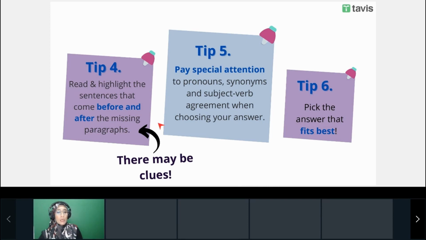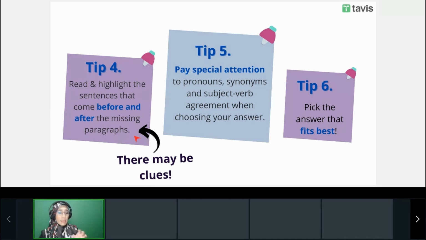Okay, here are your next tips. Now this one says read and highlight the sentences that come before and after the missing paragraphs or the sentences given. So please make sure that you always read the before and the after sentences, just to make sure that you are going to pick the right one, the most appropriate one.